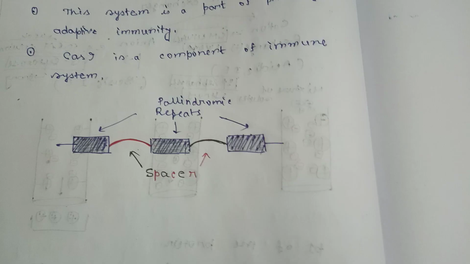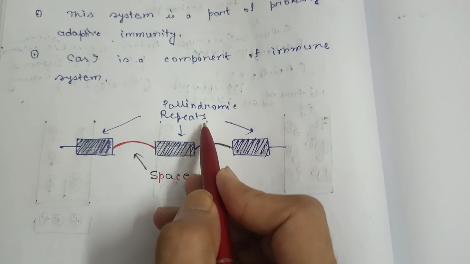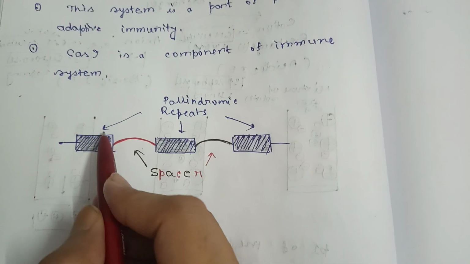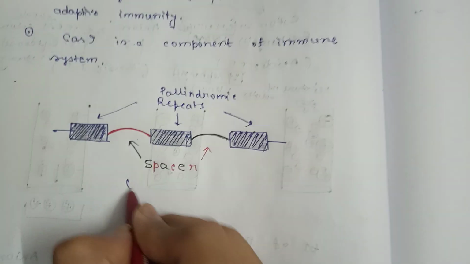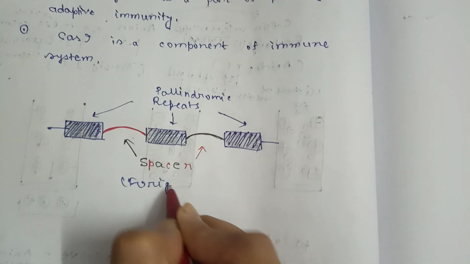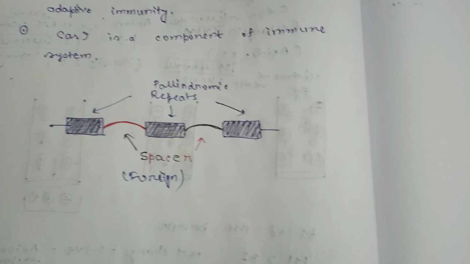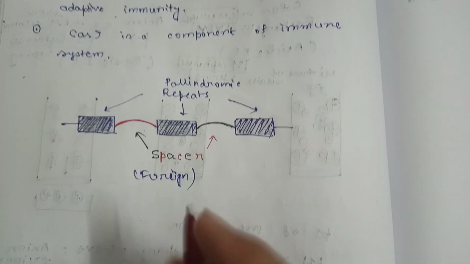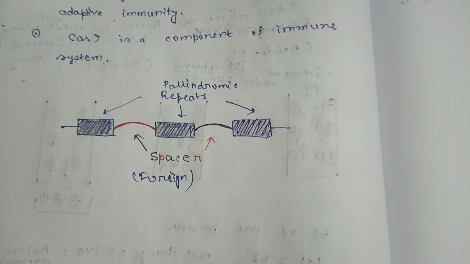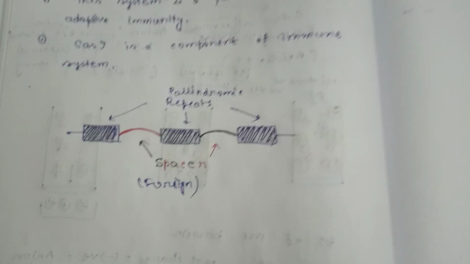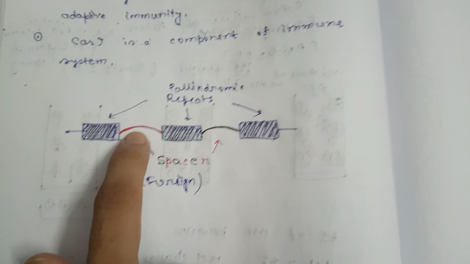So the palindromic repeats are the indigenous property of the bacterial genome, okay, and these spacers are foreign. Actually these are gained by viral infection, or can be from a transposon, or any type of virus like bacteriophage, etc. So this is not the indigenous part of the bacterial plasmid, okay.